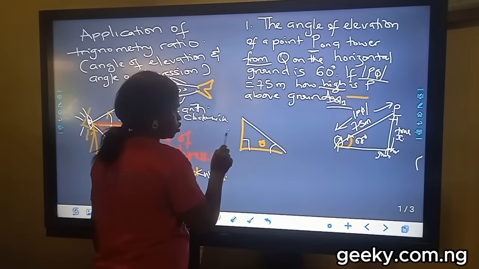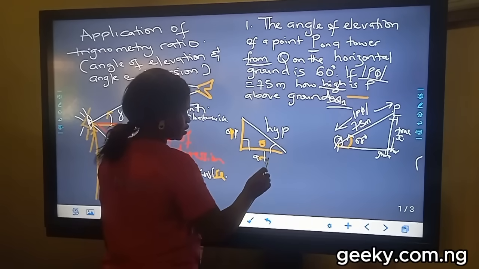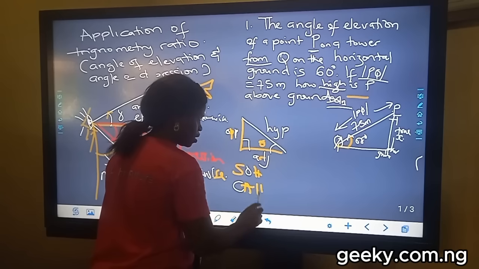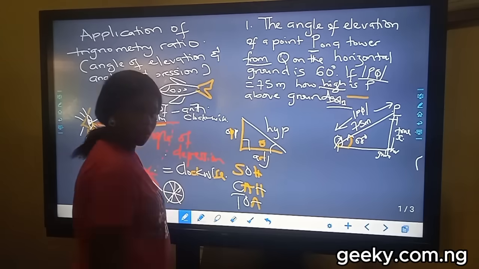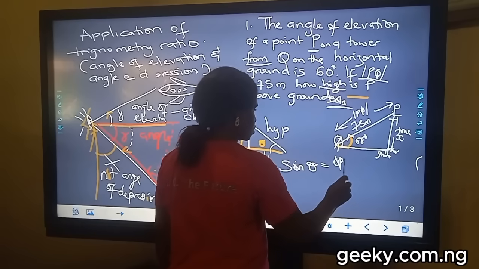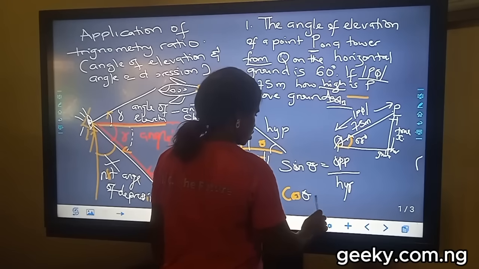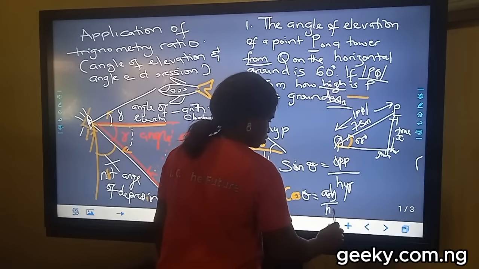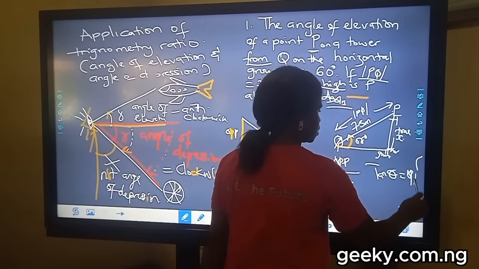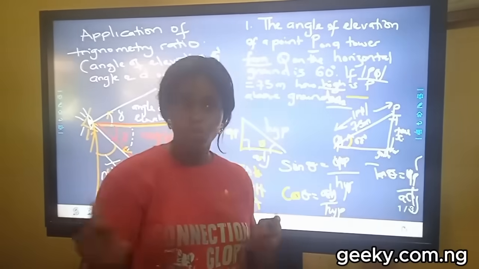So you remember in a triangle where you have opposite, hypotenuse and adjacent, that angle theta, remember our SOHCAHTOA, for us to find the angles and the heights, we have sine theta is equal to opposite all over hypotenuse, cos theta is equal to adjacent all over hypotenuse, and tan theta is equal to opposite all over adjacent.